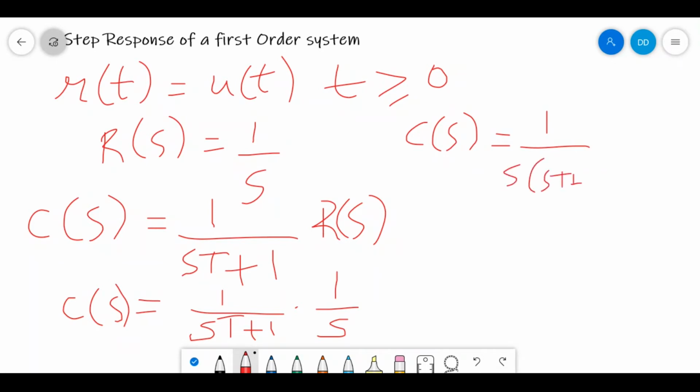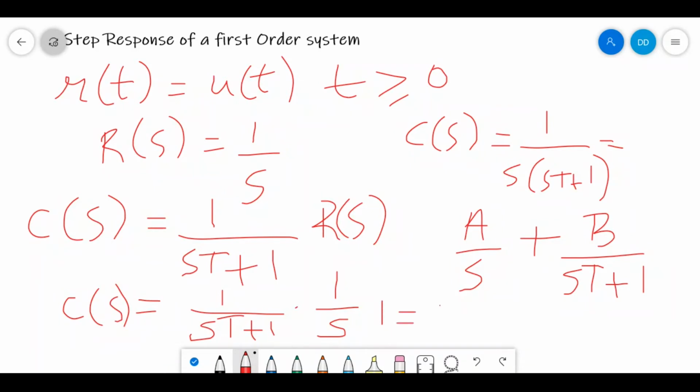Applying partial fractions, we can write it as A by s plus B divided by (sT plus 1). So we will have 1 is equal to A into (sT plus 1) plus B into s.